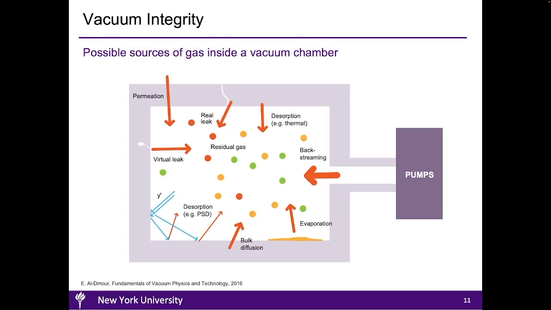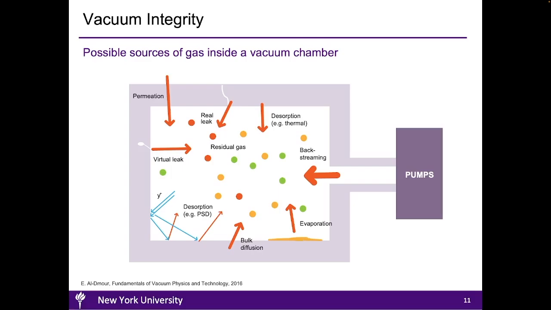Our discussion so far focused on the required pumping systems for achieving high vacuum and ultra-high vacuum levels. However, another important requirement is the quality of the overall vacuum system. Various sources of leak and outgassing can degrade the quality of the vacuum.